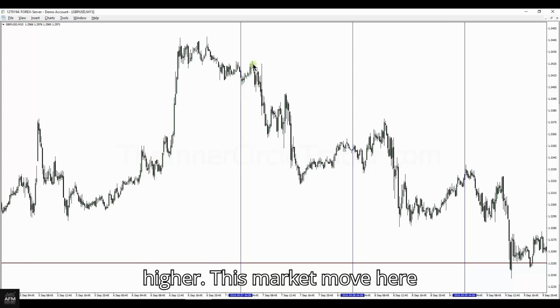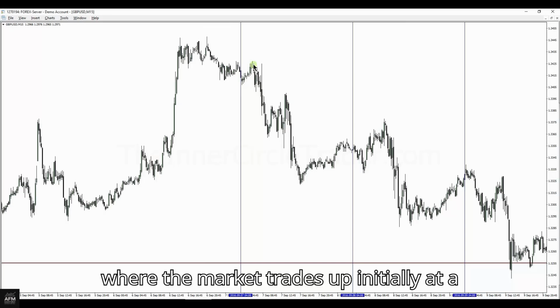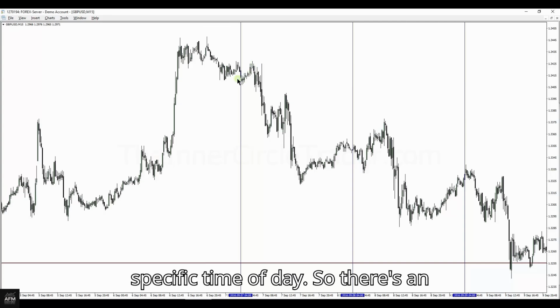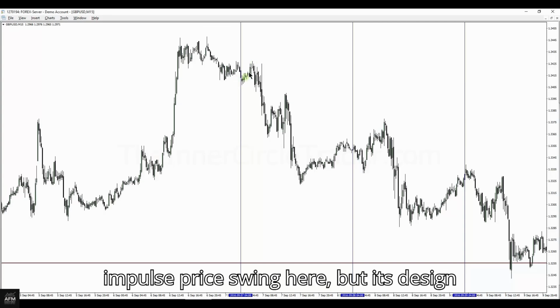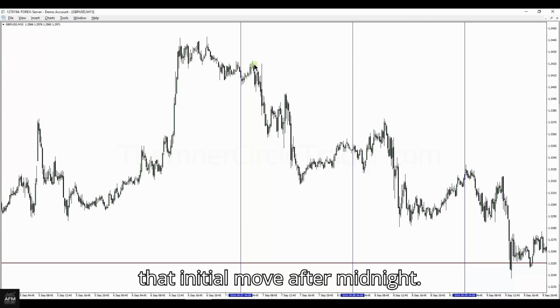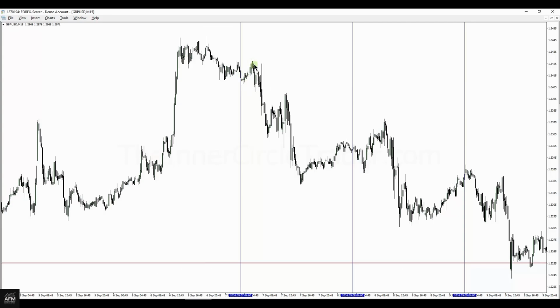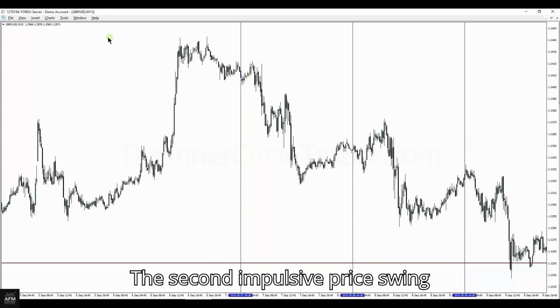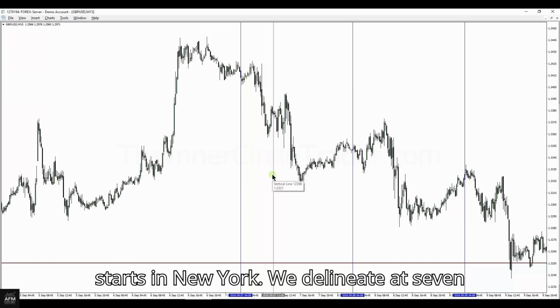This market move here is a protractionary market phase where the market trades up initially at a specific time of day. So there's an impulse price swing here, but its design is to fake out the individuals that chase that initial move after midnight.